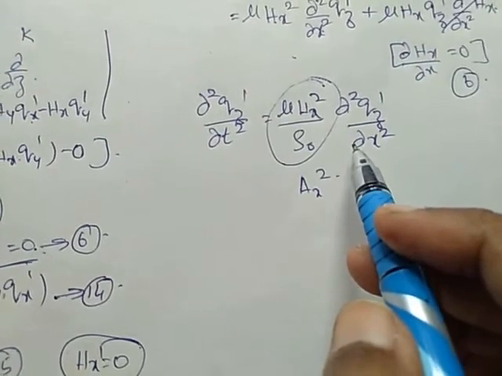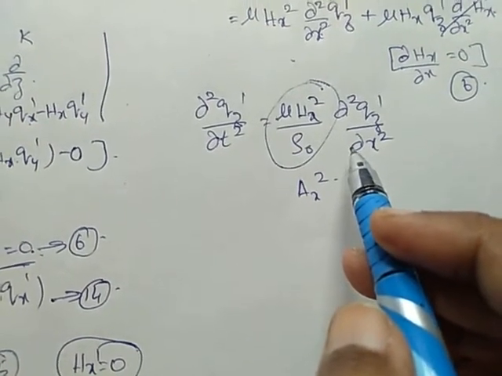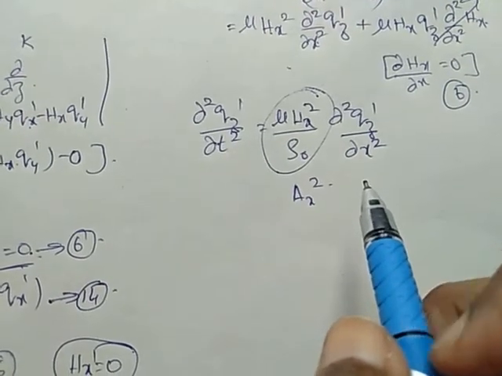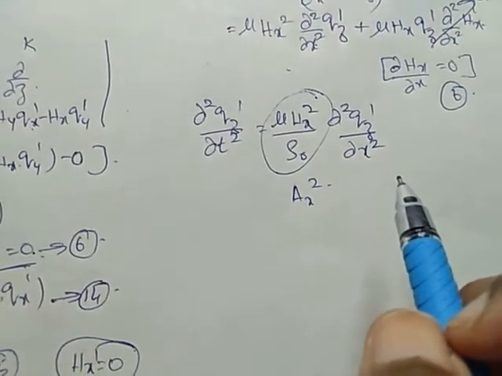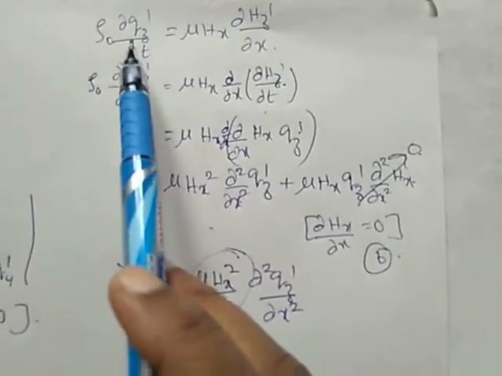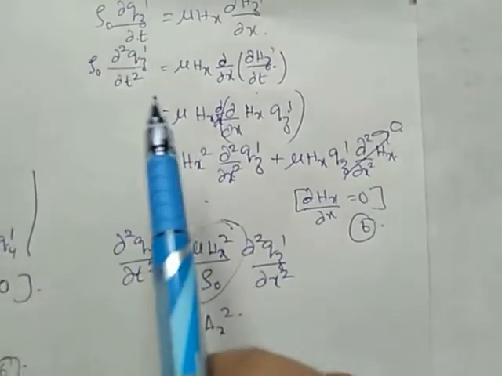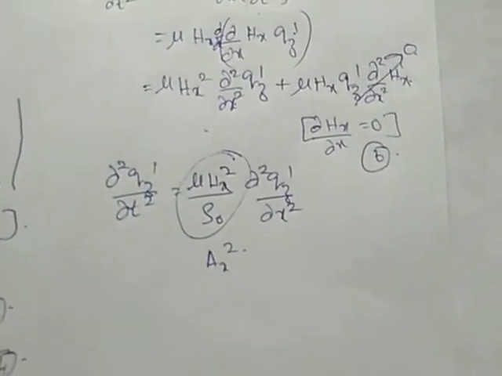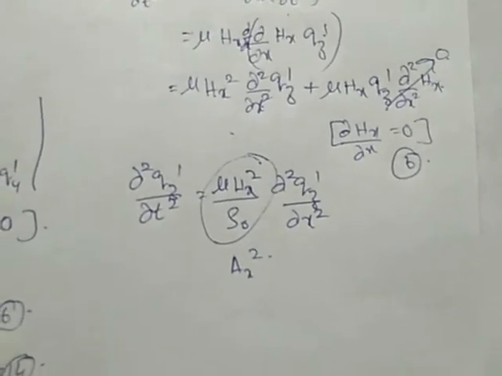So again we have to find it in terms of the magnetic field Hz. I am going to differentiate equation 15 with respect to t again. Already we have considered the momentum equation and differentiated with respect to t. Now we are considering the magnetic field equation and differentiating with respect to t.